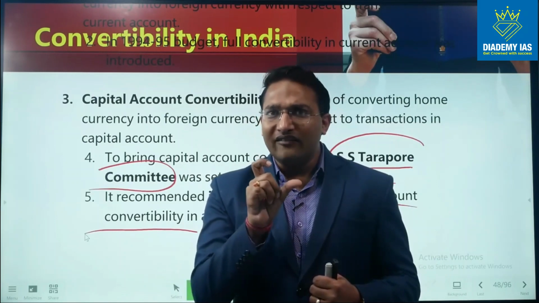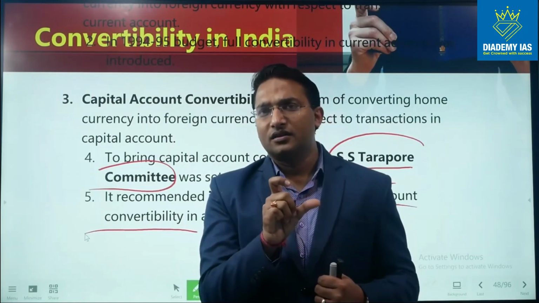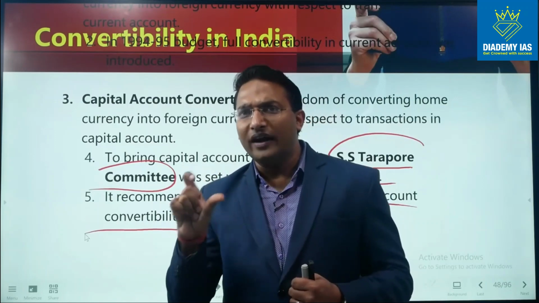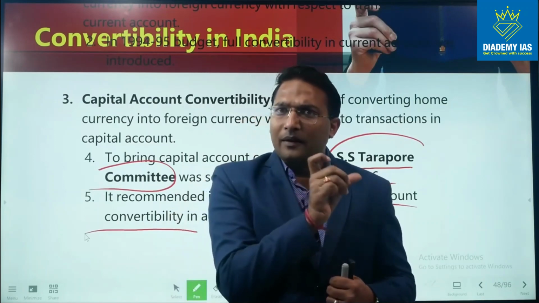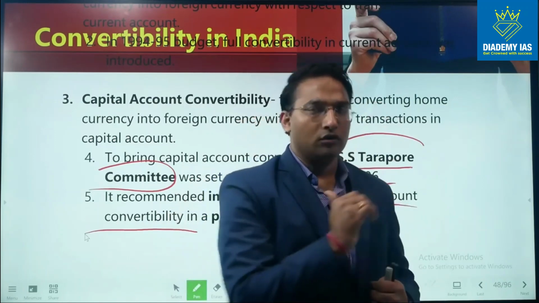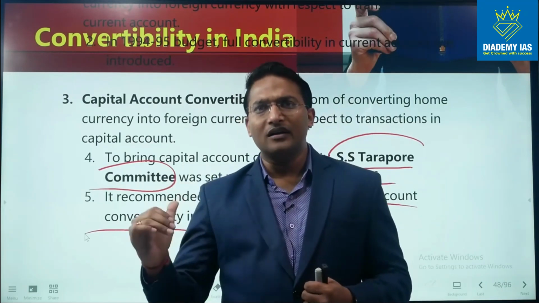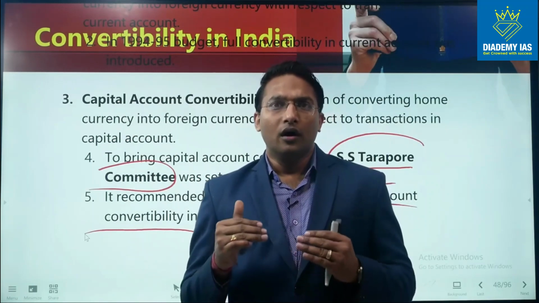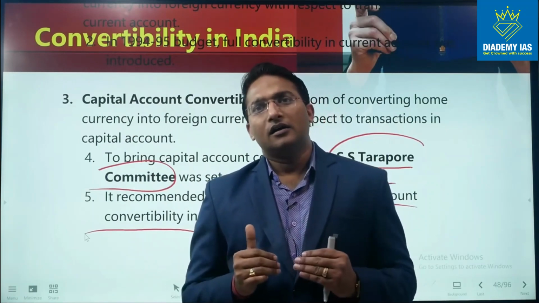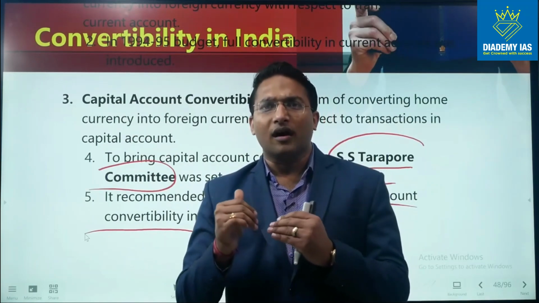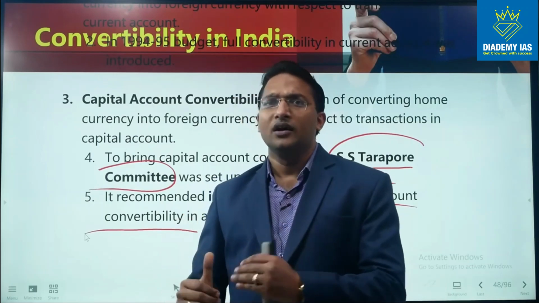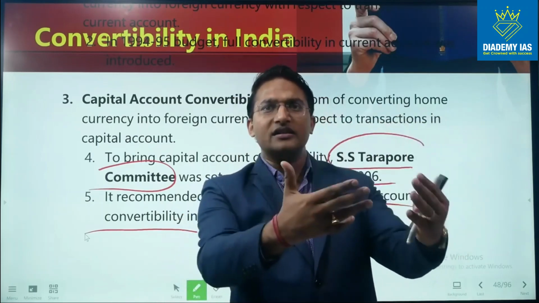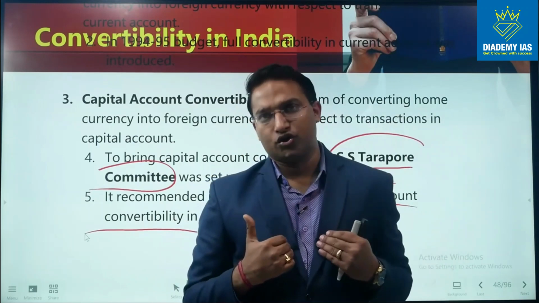if we compare developed countries' rate of interest to developing countries' rate of interest, in developed countries the rate of interest is quite low. In developing countries, the rate of interest is quite high. So for India, opening up capital account convertibility will attract a lot of funds at a very cheap cost.